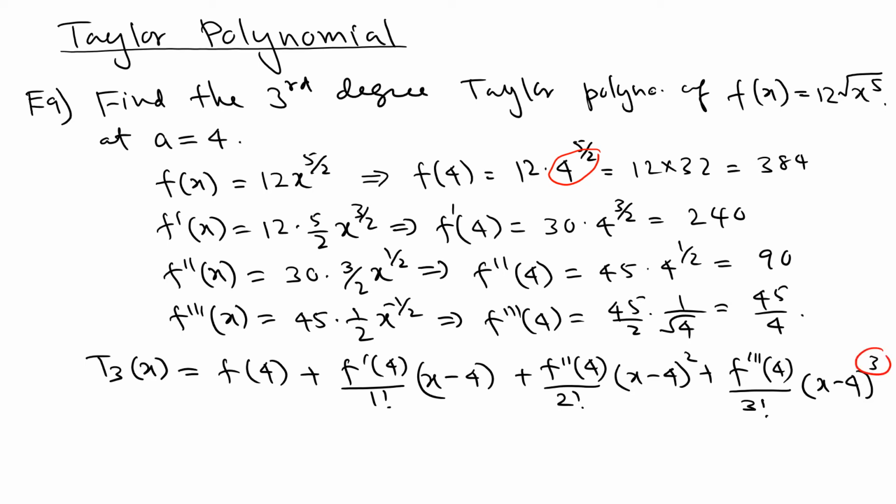Now we're just going to plug in the values. We already found them, so we're going to say 240, and then we have 90 x minus 4, because factorial 1 is 1.